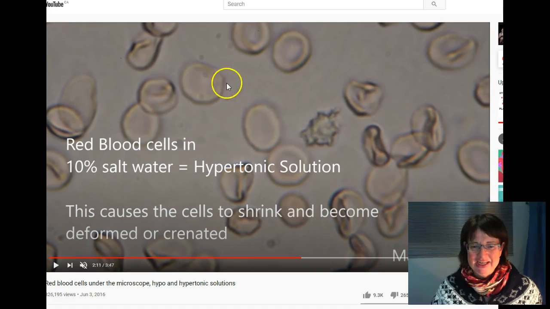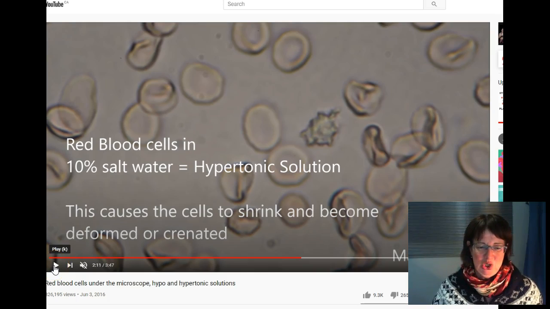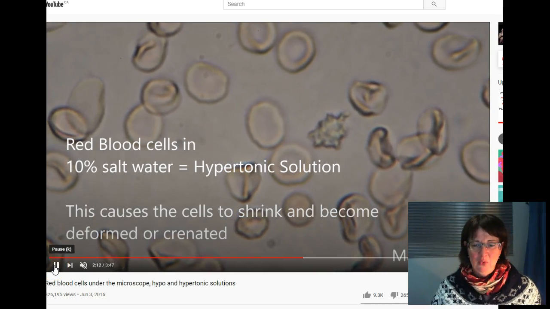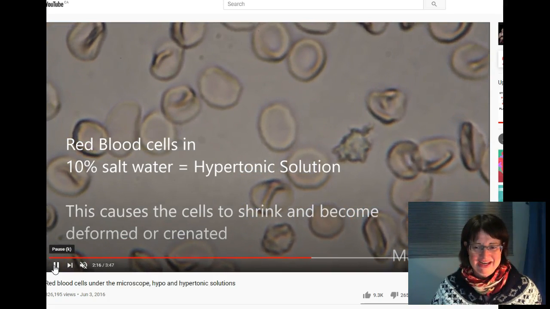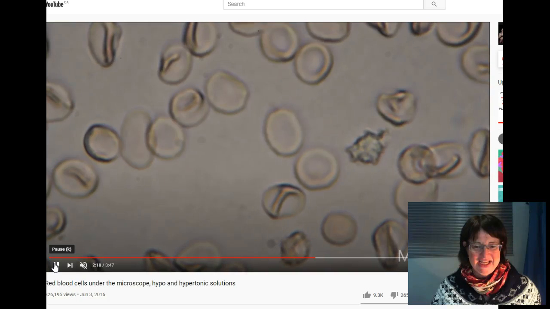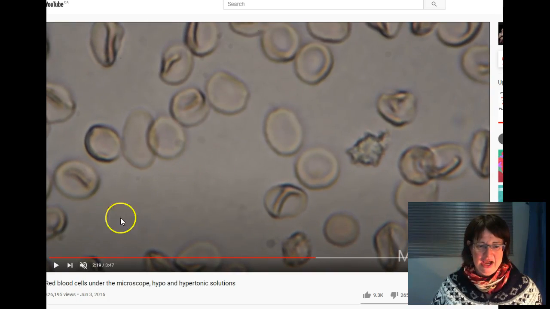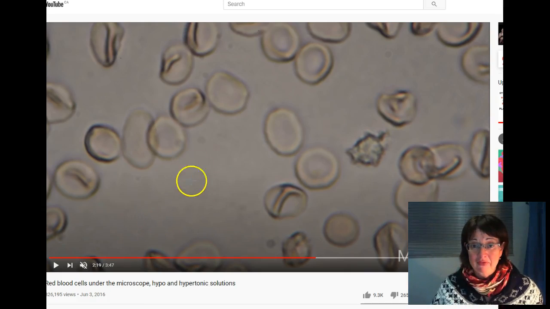And what you'll see is the cells are starting to shrivel, which the name for that is crenate. And when the cells shrivel, that is because water is leaving the cells. So if we look at it now, if the solution around the blood is 10%, that means it is 90% water.